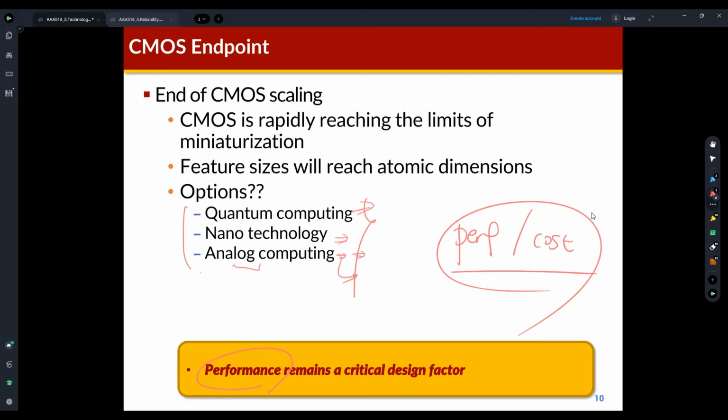So we can use different devices such as quantum. Actually, the concept of quantum computing is very different from digital design, because in digital design we have only two values, 0 and 1, but quantum computing is related to modern physics.